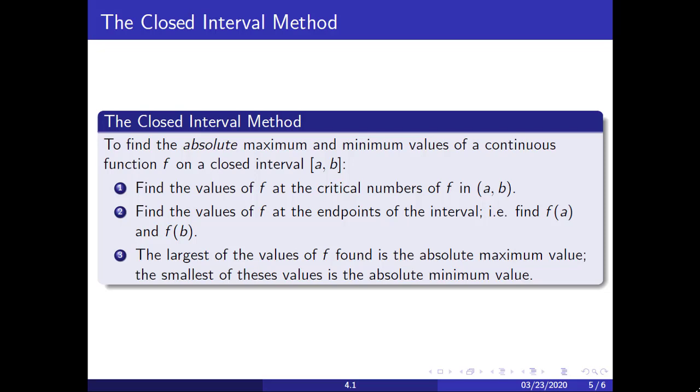Then we find the values of f at the endpoints of the interval. In other words, we will calculate f of a and f of b. And then we just compare all of these. The largest of the f values that we have found is going to be the absolute maximum value, while the smallest of these values is going to be the absolute minimum value.